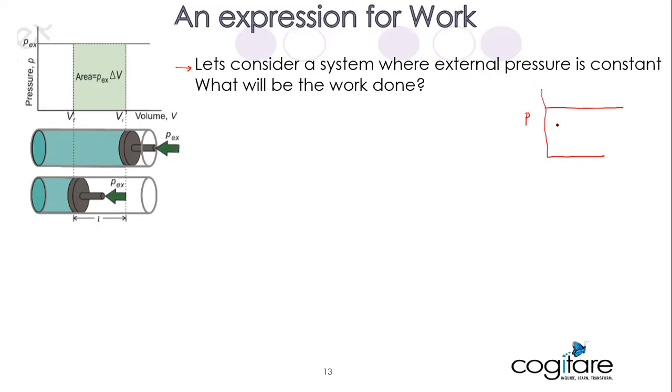Let's say atmospheric pressure, which is constant for a particular place. And under this constant pressure, supposing volume is changing, supposing we take expansion, V1 is the initial volume, V2 is the final volume. What will this area represent for us?